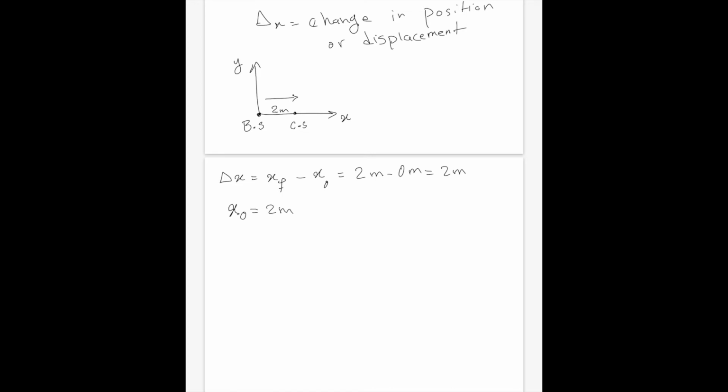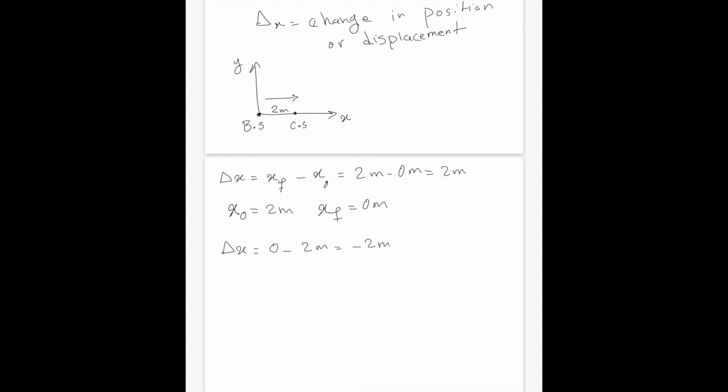And your final position is the bus stop, so xf is 0. So now del x is 0 minus 2, or negative 2 meters. Notice that this time the displacement is a negative number. This is because this time you're moving in the negative x direction in our coordinate system.